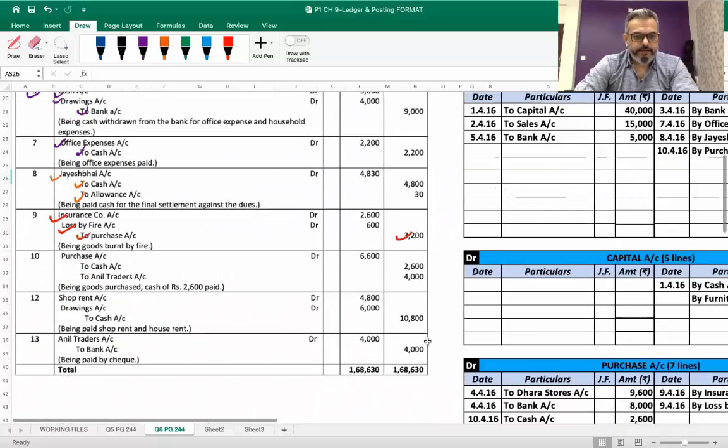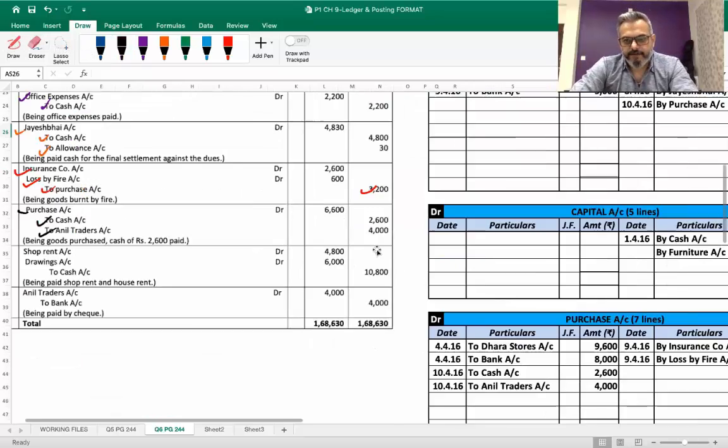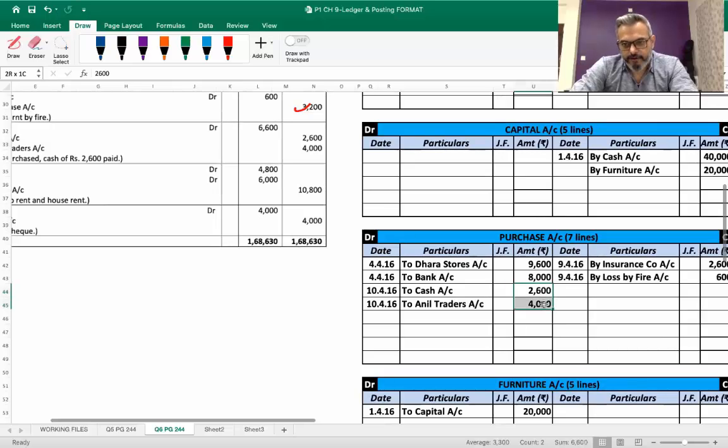So let's check. Purchase account done, cash account done, and Anil Traders done. So purchase account debit 6,600. Please be careful. You have to write it like this: to cash 2,600 and to Anil Traders 4,000.